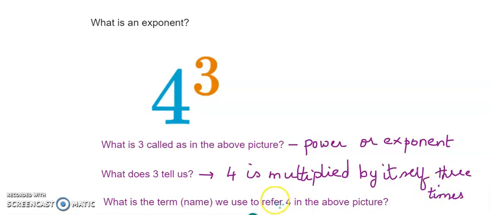What term or name do we use to refer to the 4? 3 is called the power or exponent, and this 3 tells us that 4 is to be multiplied 3 times. Means 4 multiplied by 4 multiplied by 4. We understood that much. So what is the name for this 4? Anyone?